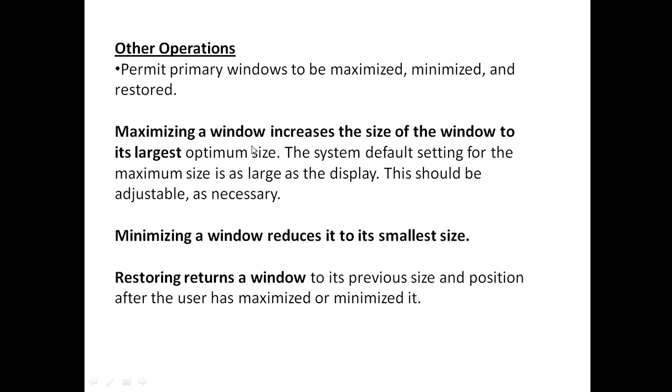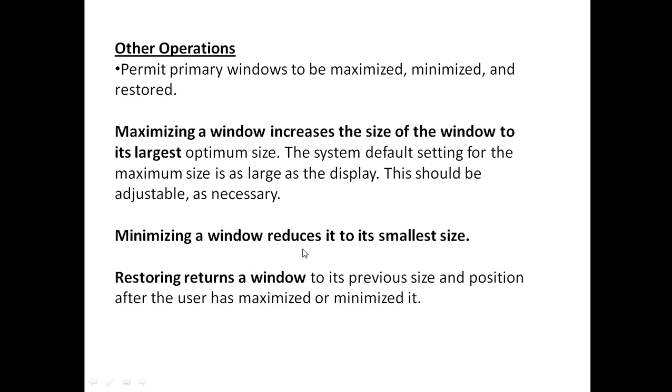Maximizing a window is nothing but increasing the size of a window to its largest optimum size. The system default setting for the maximum size is as large as the display size. That must be adjustable, because we already have that resize operation. You can increase or decrease the size of this window also.